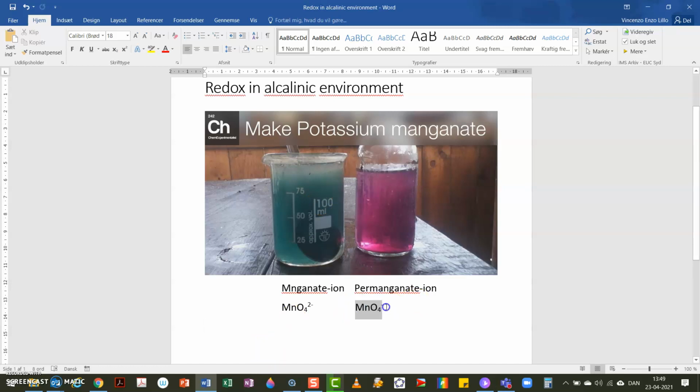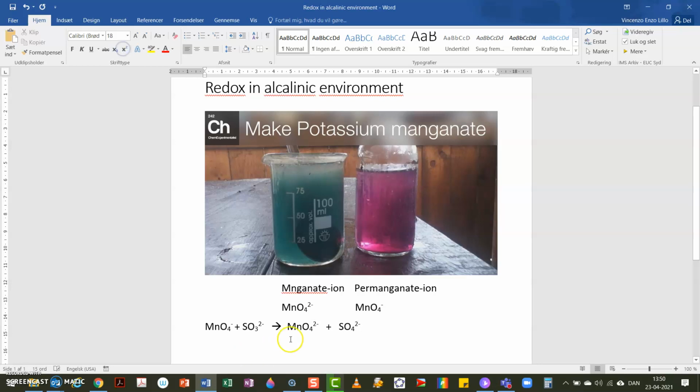So in this kind of reaction, we'll have the permanganate ion reacting with another compound called the sulfite ion, becoming, in an alkaline environment, manganate ion and sulfate ion.